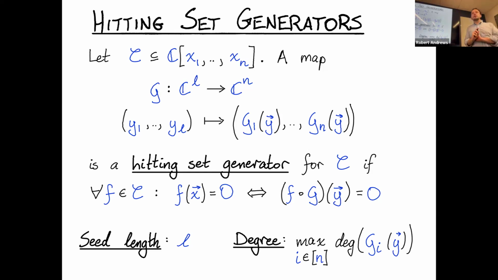I think I'm having a hard time parsing the notation. Here, what is G mapping what to what? You can think of it in two different ways. G just maps a vector of complex numbers to another vector of complex numbers, where each output is describable as a polynomial function of the inputs, or it's just a vector of polynomials.